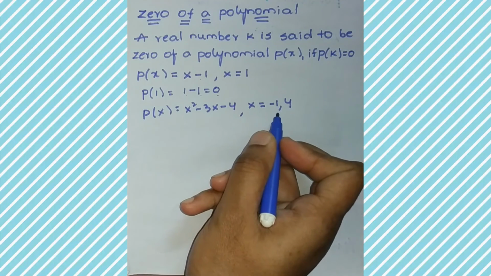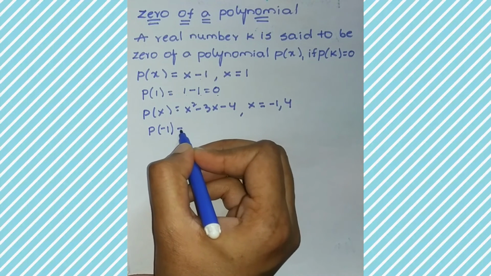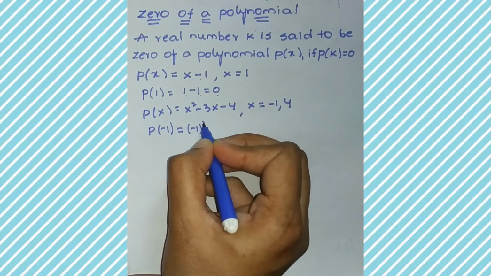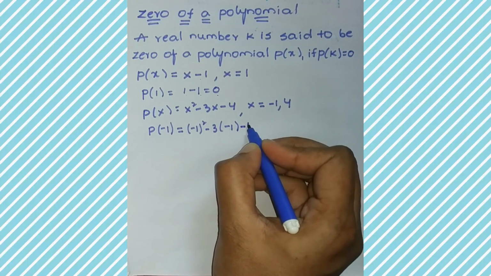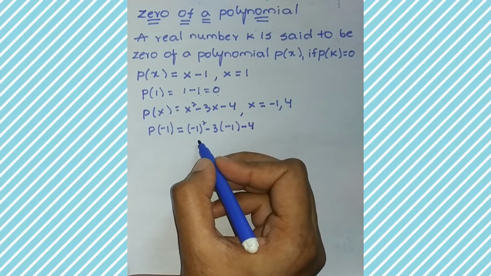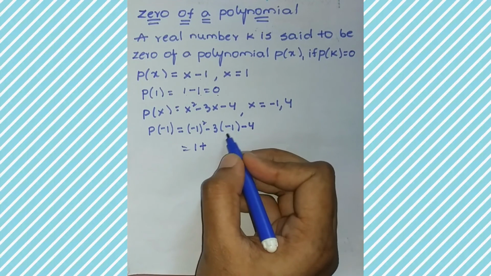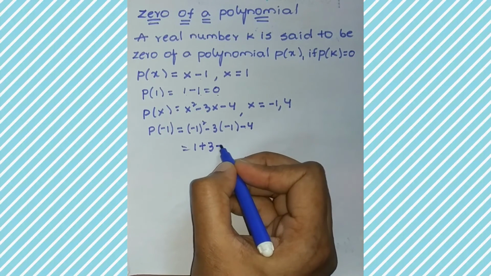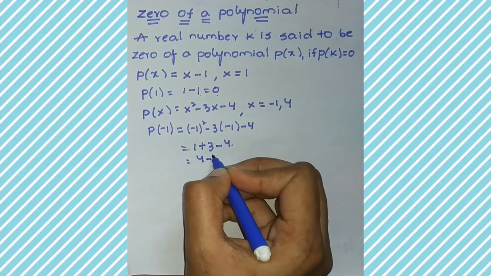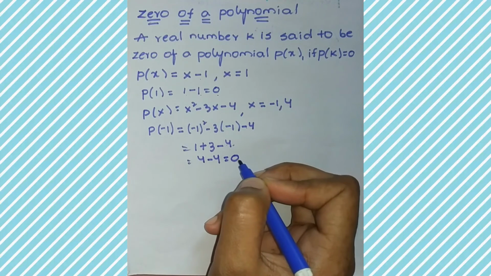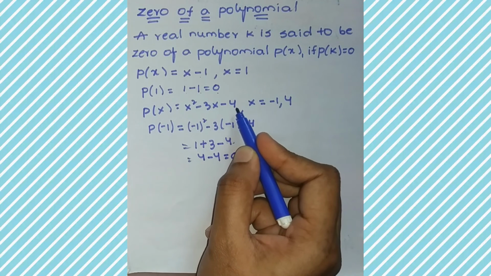Substitute x = −1 in this polynomial. p(−1) = (−1)² − 3(−1) − 4. (−1)² is 1. Minus into minus is plus. 3 into 1 is 3, and −4. 1 plus 3 is nothing but 4. 4 − 4, which is nothing but 0. So −1 is a zero of the polynomial x² − 3x − 4.